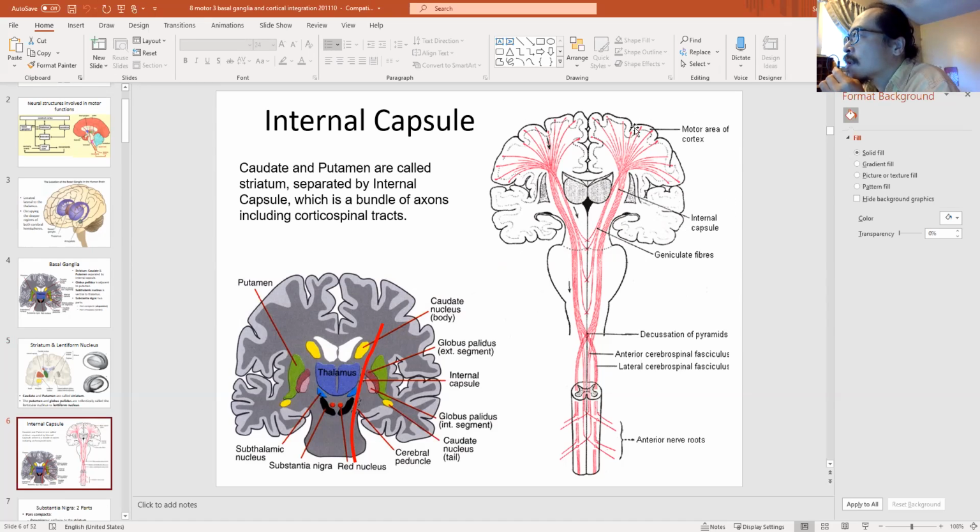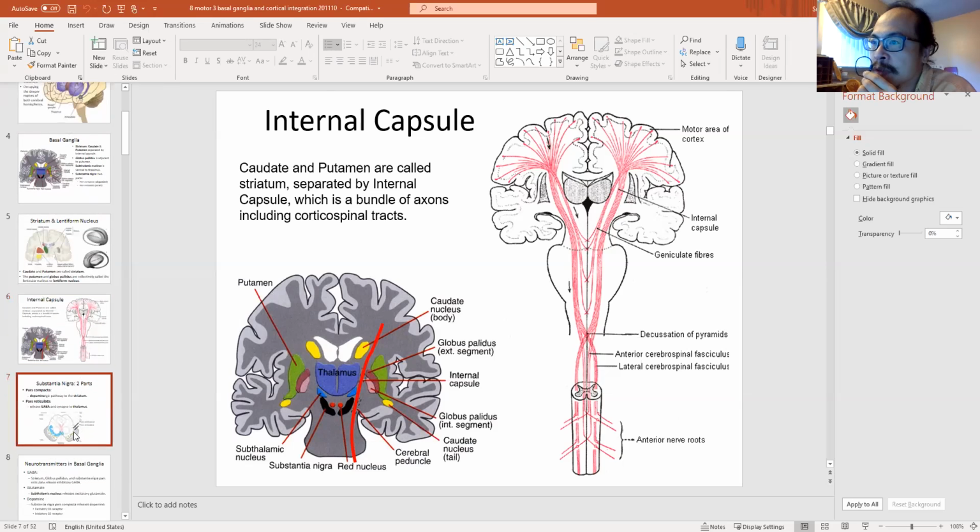You can see it from the motor cortex. The motor cortex can directly act on the lower motor neuron. They go through this internal capsule bundle, pass through the caudate and the putamen, and enter the spinal cord.